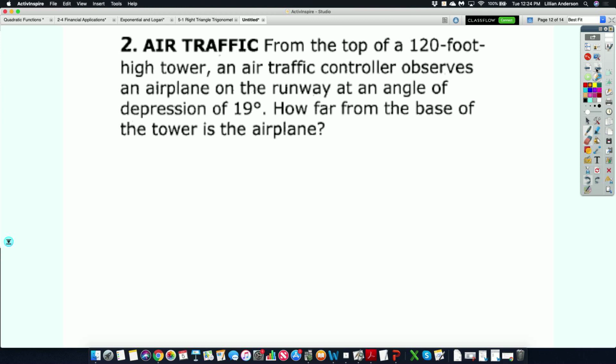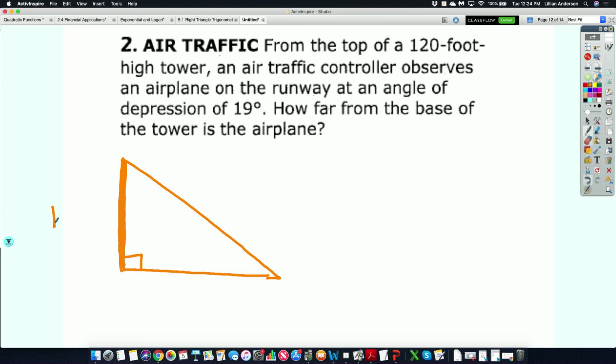From the top of a 120-foot high tower, an air traffic controller observes an airplane on the runway at an angle of depression of 19 degrees. How far from the base of the tower is the airplane? Well, I know I need a right triangle. What does this side of my right triangle represent in context of the problem?